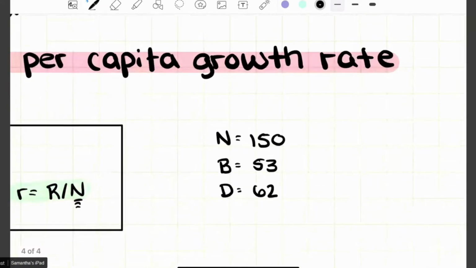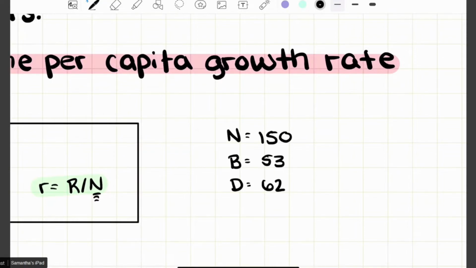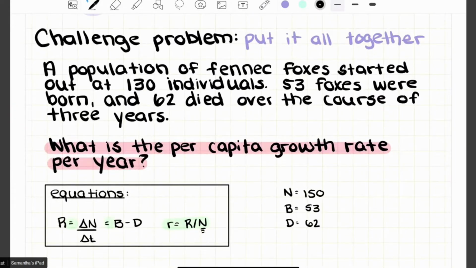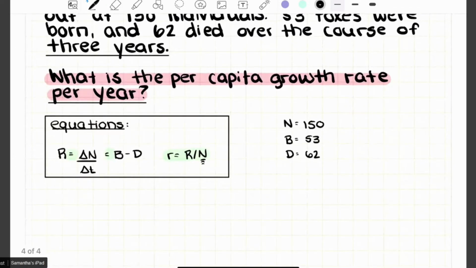Now, there's something we need to make sure we're not forgetting about. This is over the course of 3 years. We want the per capita growth rate per year. So, let's get this party started.